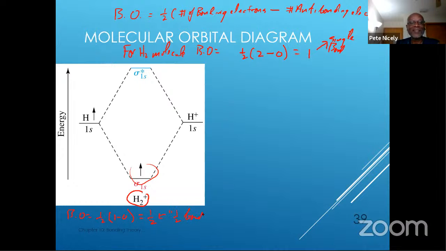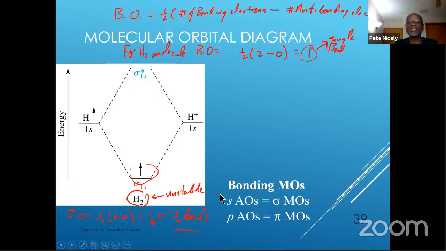All right. So therefore, this explains why this species here is unstable and the hydrogen molecule is stable, because the bond here is basically weaker. It's a half a bond in the case of the H2 plus ion, whereas in the case of the hydrogen molecule, it's a single bond, and therefore that structure will be a more stable structure. So that's why the hydrogen molecule is stable while the H2 plus is not. All right.